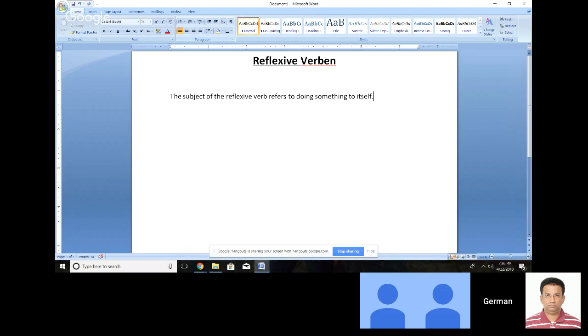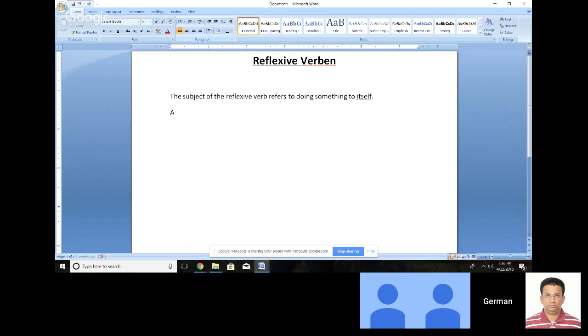In normal verbs, we directly have the verb, for example, er liebt. But in a reflexive verb, we have er liebt ihn or er liebt ihm. Okay, almost any transitive verb can, within reason, be used as a reflexive verb.